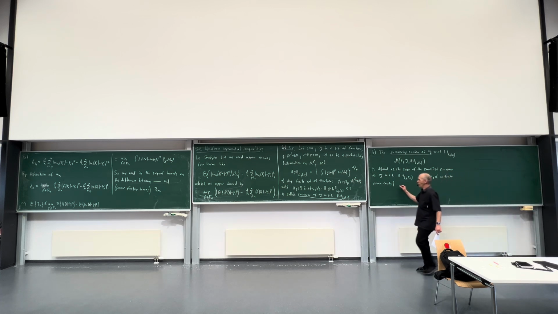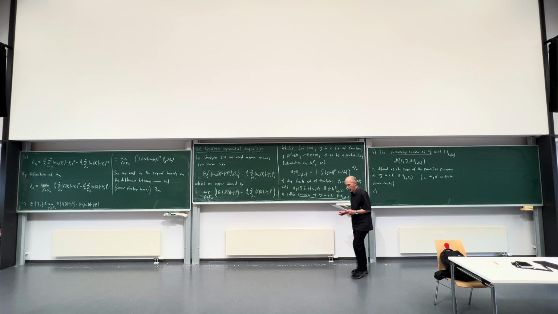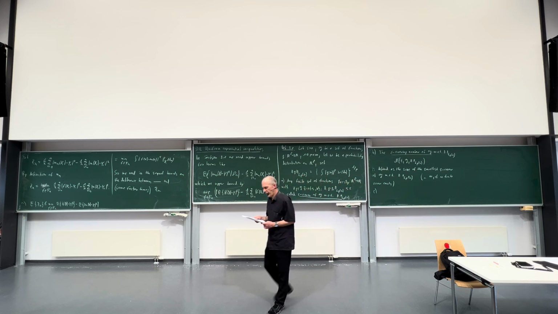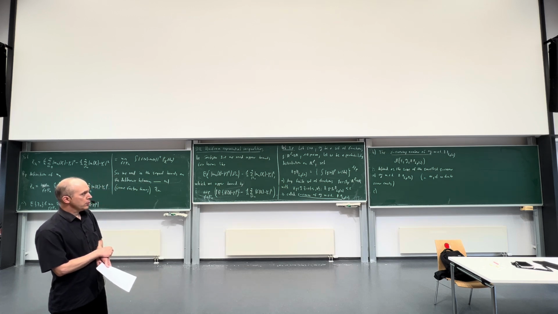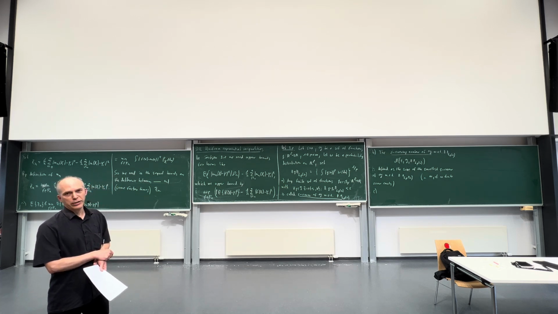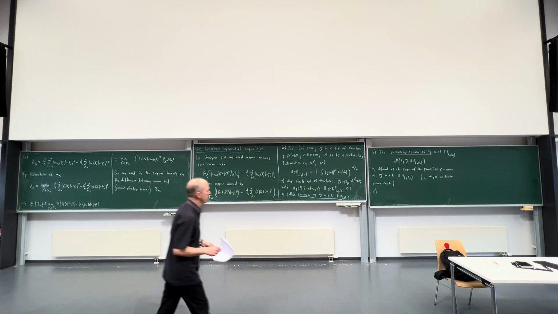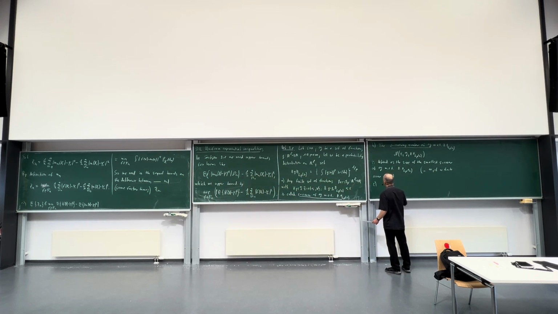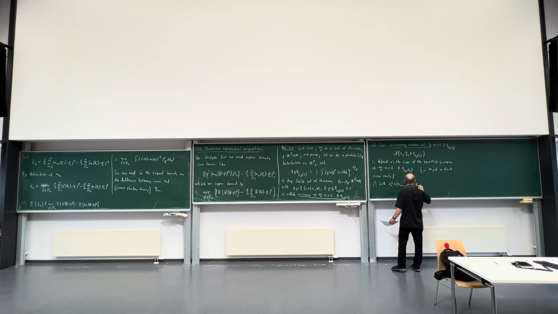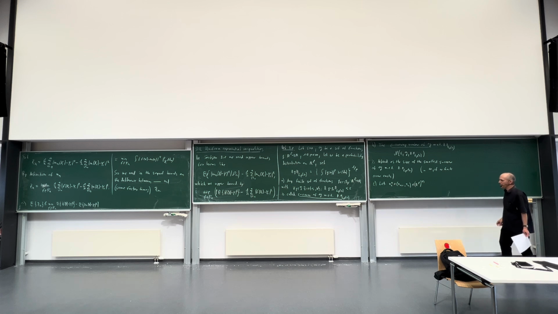And now we do it in a special way. We choose mu as an empirical distribution of endpoints. So z_1^n, that's z_1 to z_n, is a vector of points in R^d.